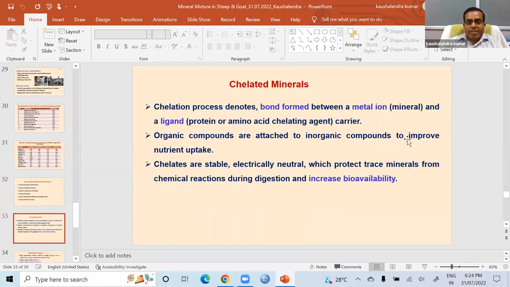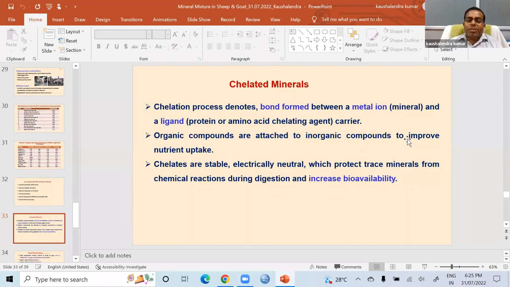What are chelated minerals? I will just tell about chelated minerals and how they can be prepared. Chelated means there is a covalent bond formation between the metal ion, that means the mineral, and a ligand, which acts as a carrier. The ligand may be a protein or amino acids, and it is used as a chelating agent.